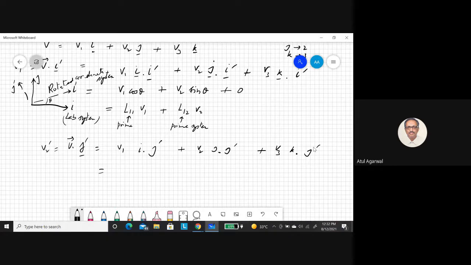So what am I getting? I dot J prime is cos(90 plus theta). Sorry, cos(90 plus theta) means minus sin theta. J dot J prime is cos theta. So this is nothing but L21 equals minus sin theta.